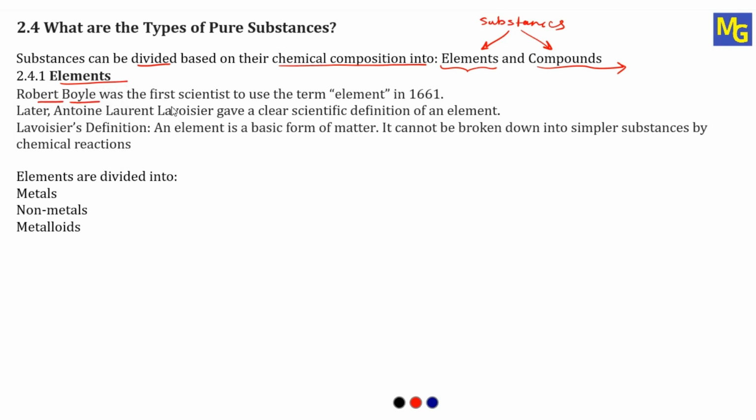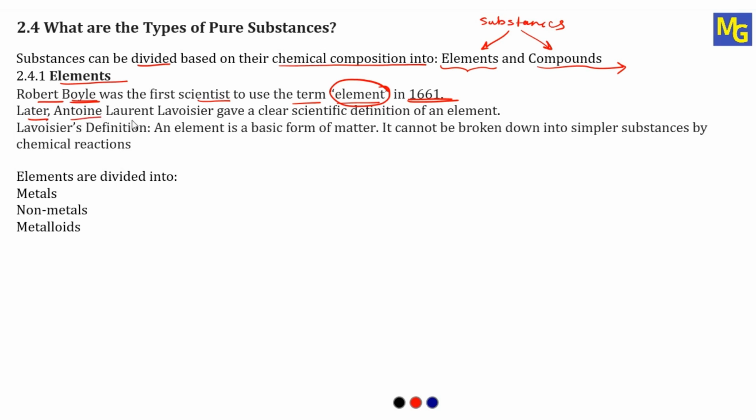Robert Boyle was the first scientist to use the term element in 1661. So remember, the scientist who used the word element for the first time is Robert Boyle, and he used this term in the year 1661.